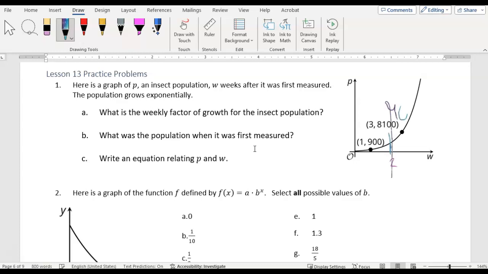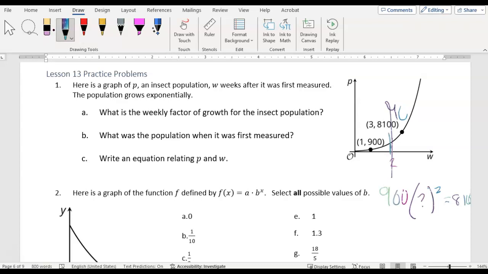So that would be 900 times the factor, which we don't know, say x, to the power of 2 equals 8100. The reason is we would be pretending that this is 0th and this is then the second, and then we're looking for what goes in here. So that can help us to narrow this down.